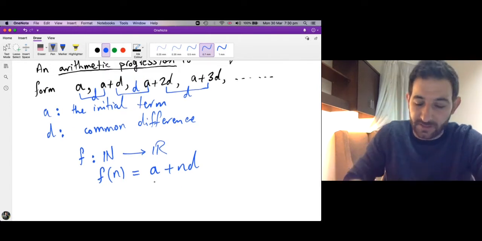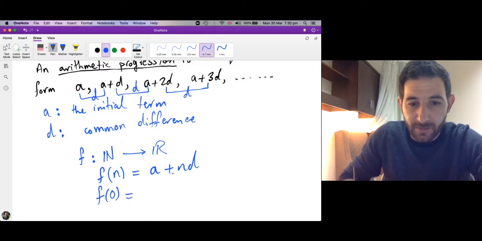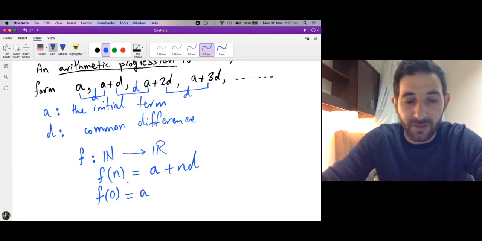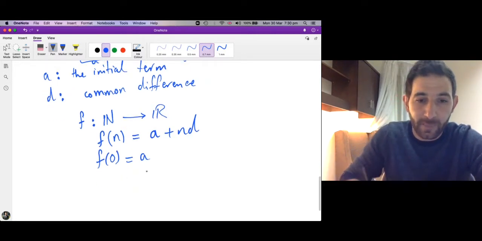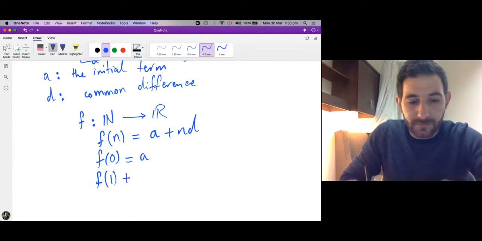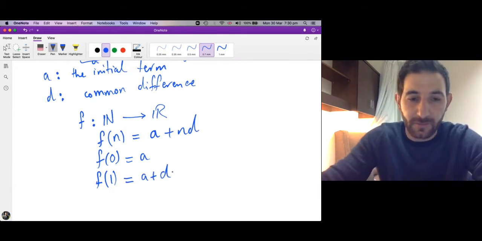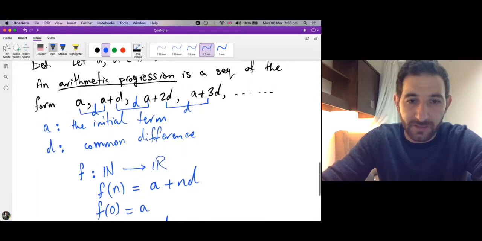So let's see, what's f of 0? f of 0 is a plus 0d, so a, the first term, or the 0 term if you want, is a. Now what's f of 1? f of 1 is a plus 1 times d, which is a plus d.